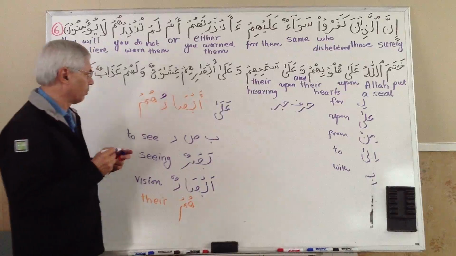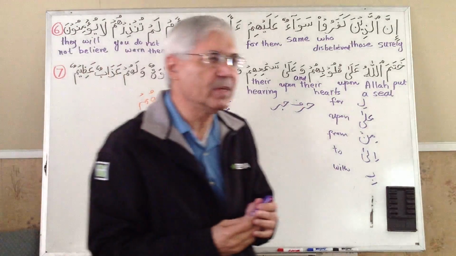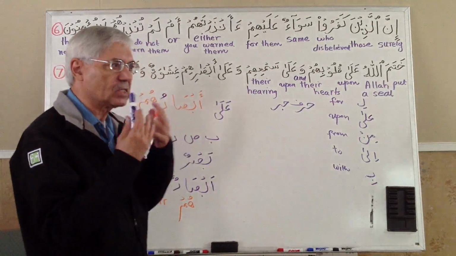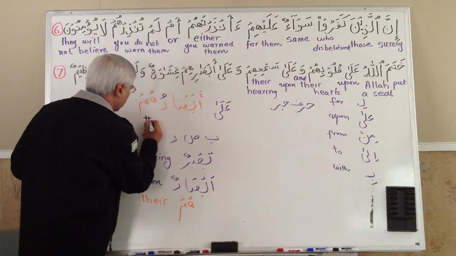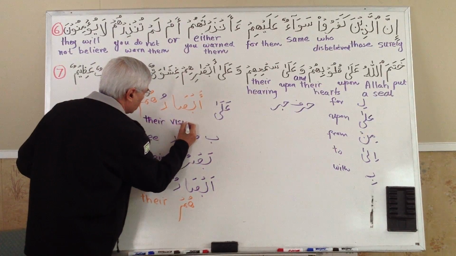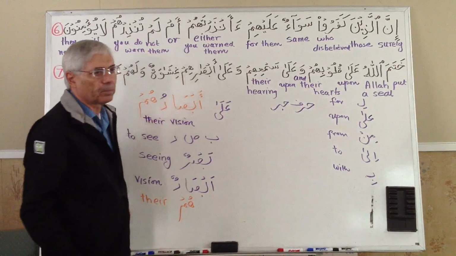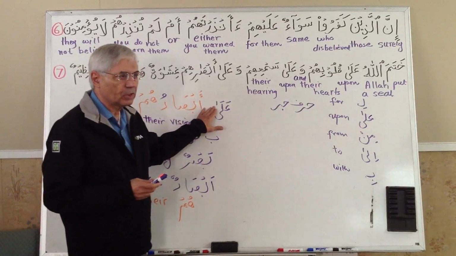Absarihim, their seeing, their vision, their eyesight. And again the same thing. Ala is a harf-e-jar.